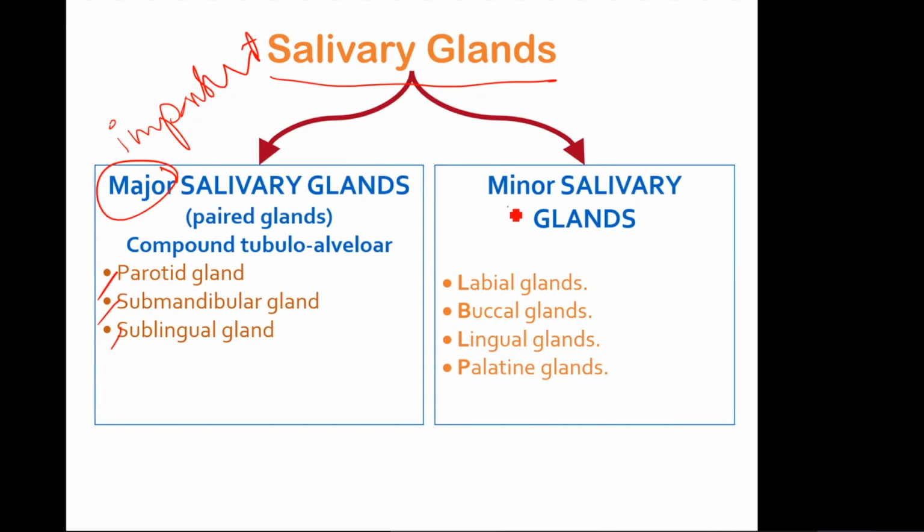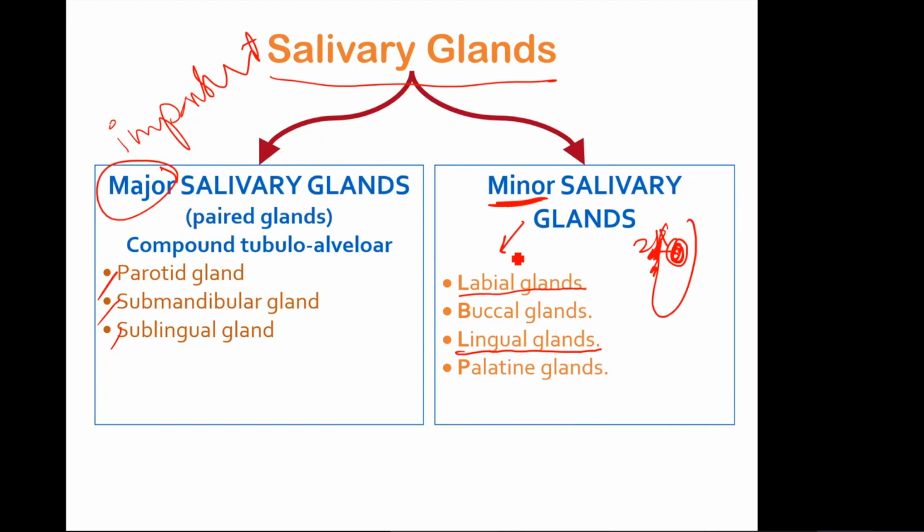But the minor salivary glands, I think I showed you two examples when I talked about the lips, the labial glands. These are minor glands in the lips that lubricate the mucous membrane of the internal side of the lip. 24 hours they are working, right? And I showed you the lingual glands inside the tongue.